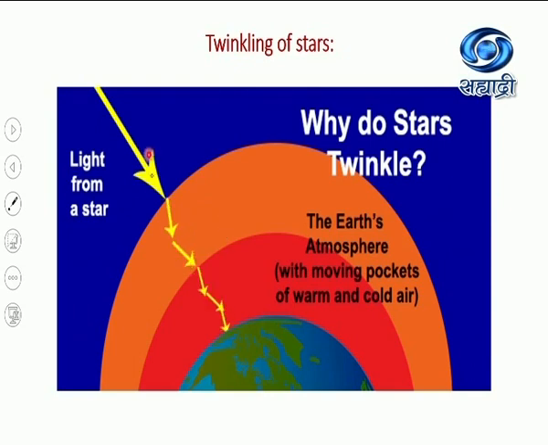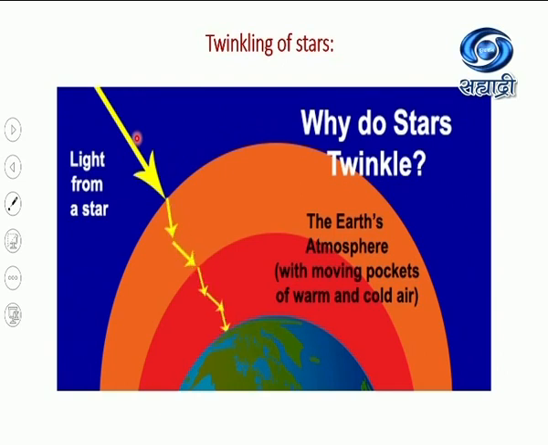The starlight coming from the star towards us travels from the rarer medium to the denser medium and constantly bends towards the normal. So stars appear to be higher in the sky as compared to their actual position.